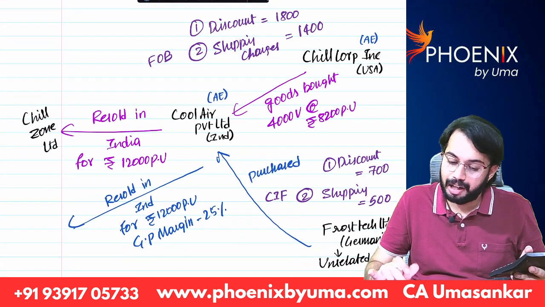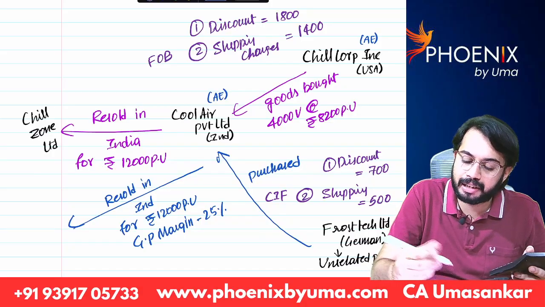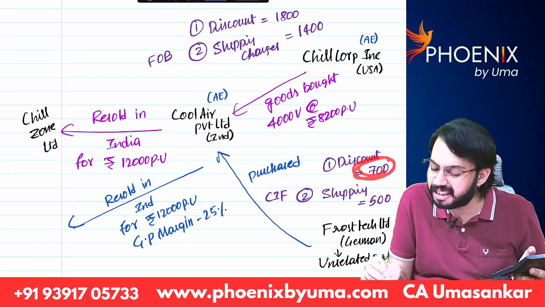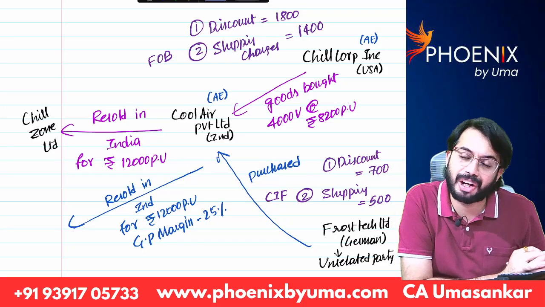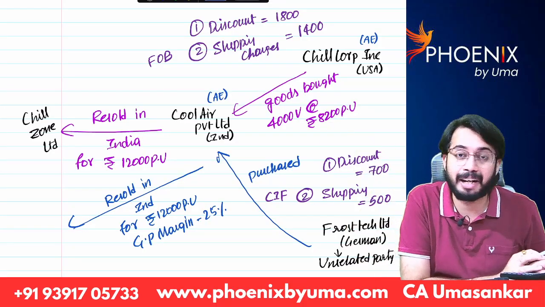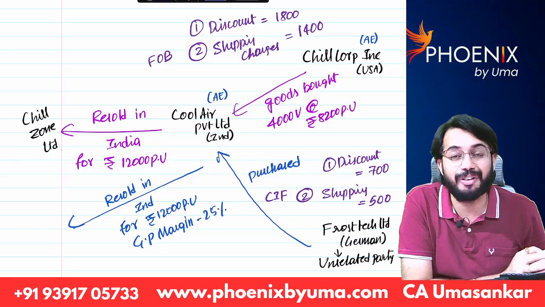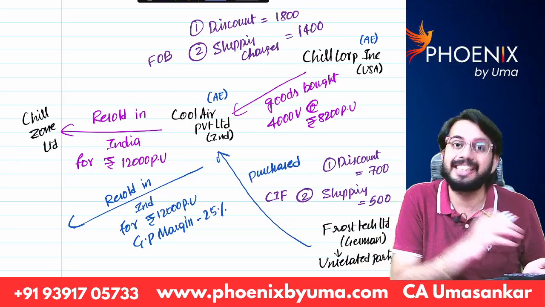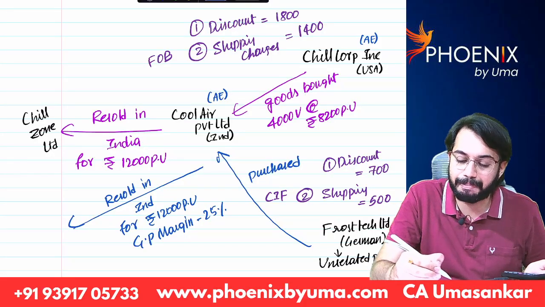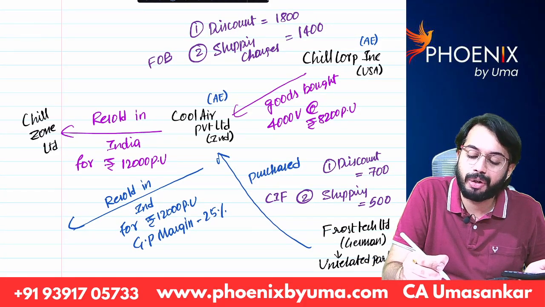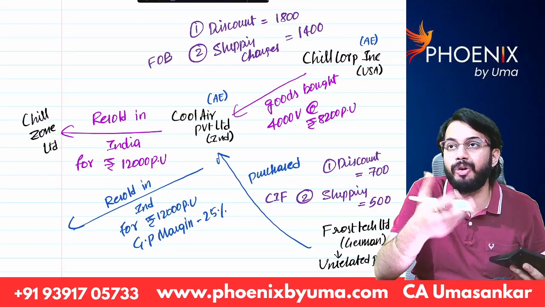See, the related party is giving a discount of 1800. The unrelated party is giving just 700 rupees discount. So whenever goods are purchased from an unrelated party, you will get a lower discount, right? When you get a lower discount, your price increases. For example, let's say I went to a Bata showroom to buy chappals or shoes.